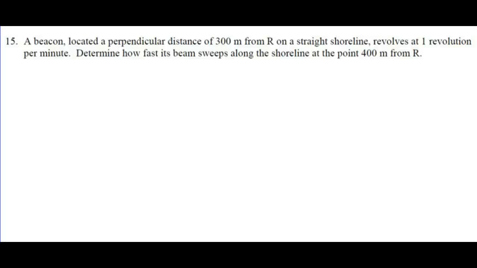A beacon located a perpendicular distance of 300 meters from R on a straight shoreline revolves at 1 revolution per minute. Determine how fast its beam sweeps along the shoreline at the point 400 meters from R. Okay, so let's say we have a shoreline here, and here's point R. And the beacon is located 300 meters perpendicular distance.